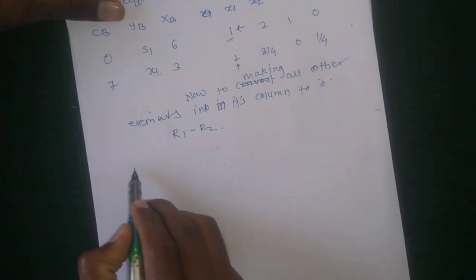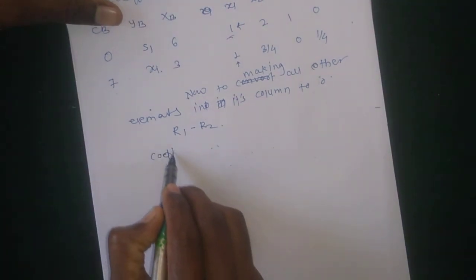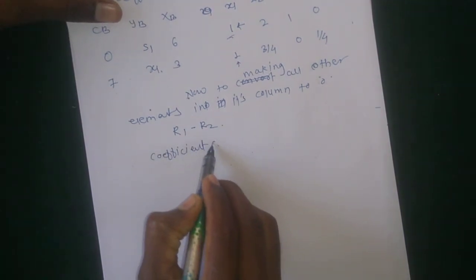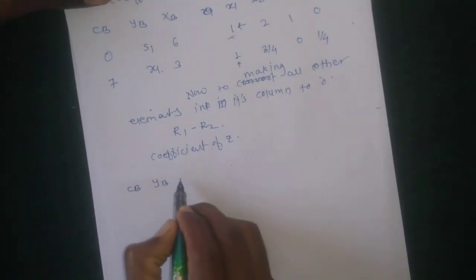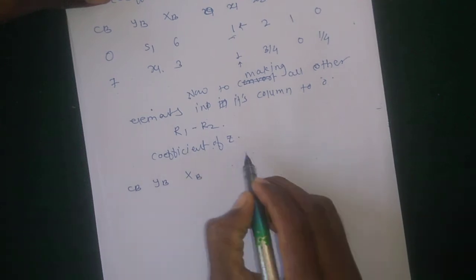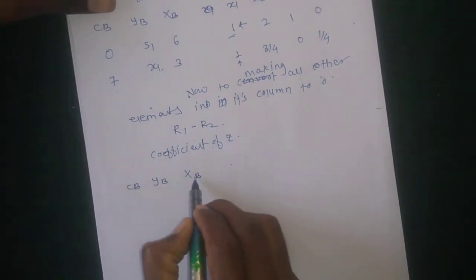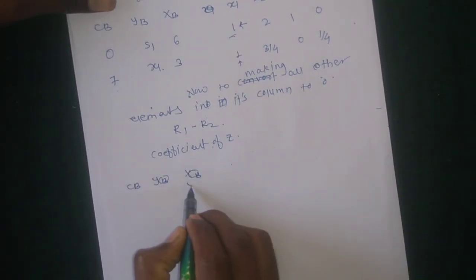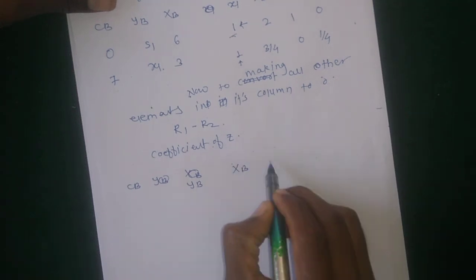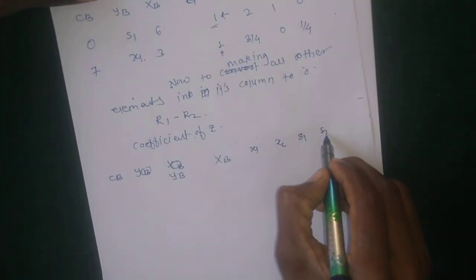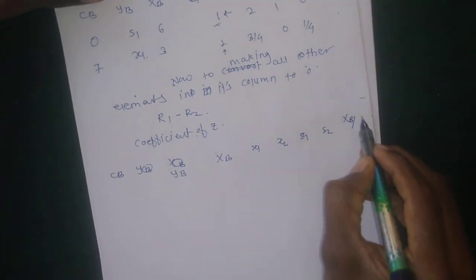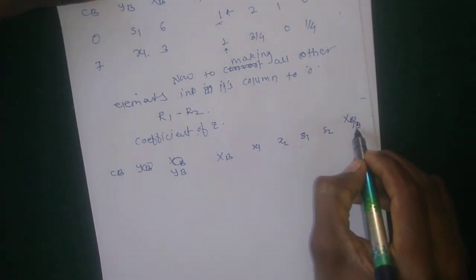So again coefficient of z are cb, yb, xb, then x1, then x2, then s1, then s2, then xb divided by xa.